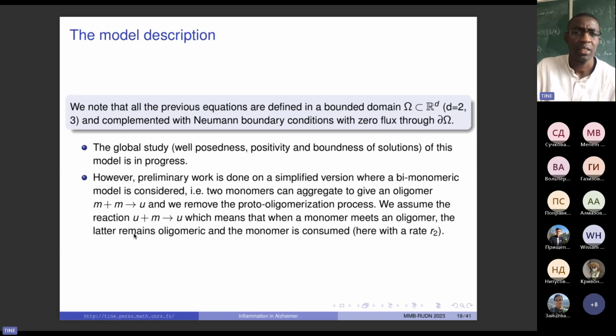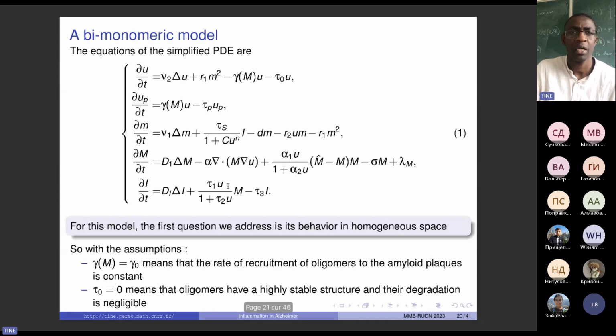So for this new simplification, what we obtain is this model. The first one is the model for u, that means for oligomers. There is also the diffusion. Here it is the fact that 2 monomers can give 1 oligomer.